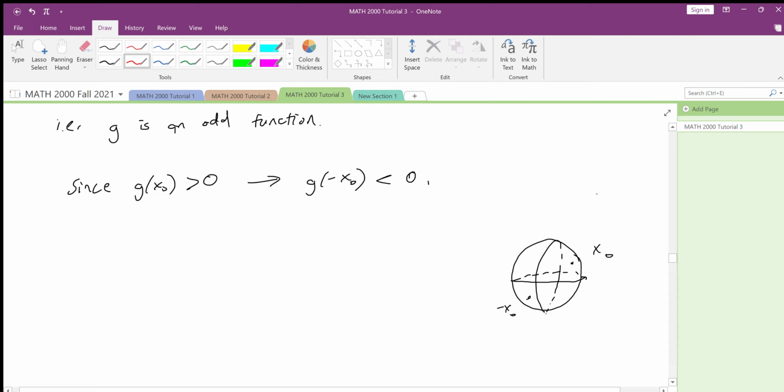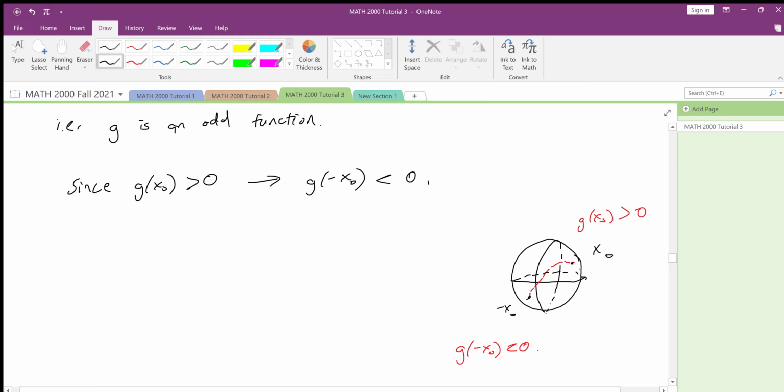I would have that g of x naught is greater than 0, and g of negative x naught is less than 0. And by question 3a, there would be a path that goes from x naught to negative x naught, because S is path connected. This path doesn't go through the origin. This path is on the surface of S. That's what I mean to say.